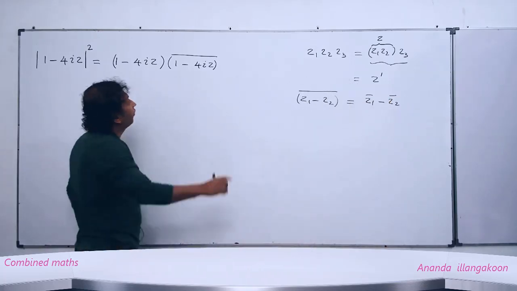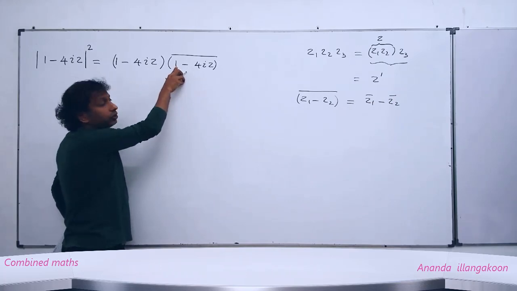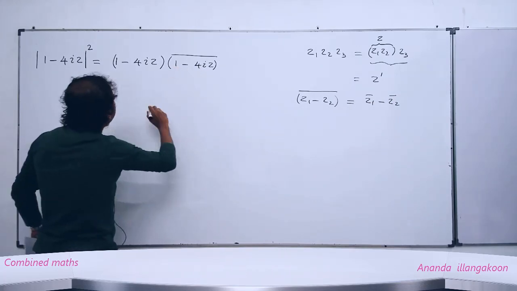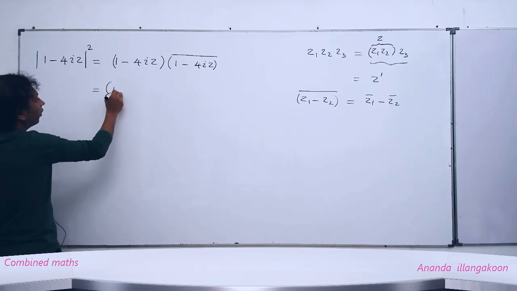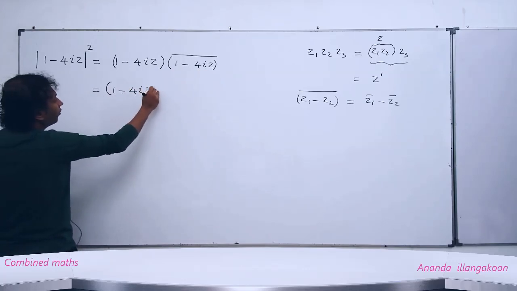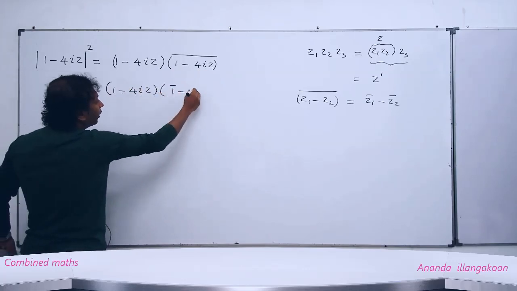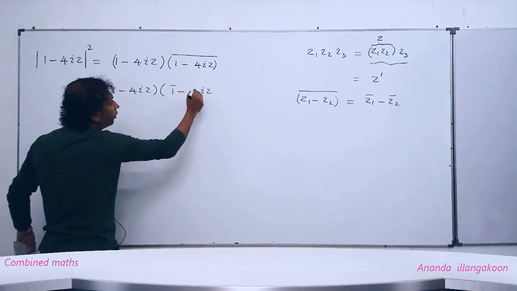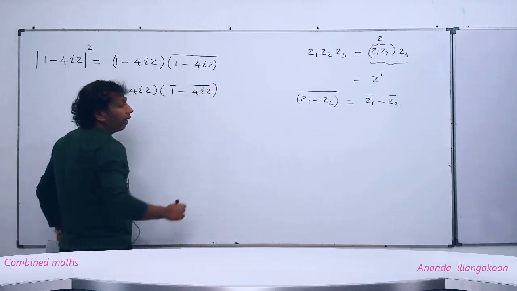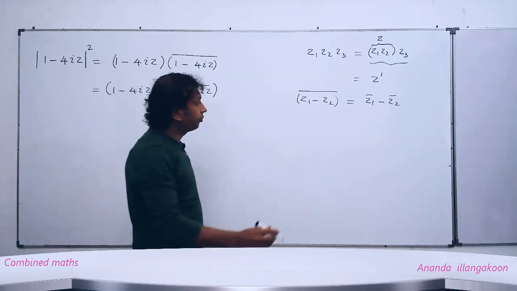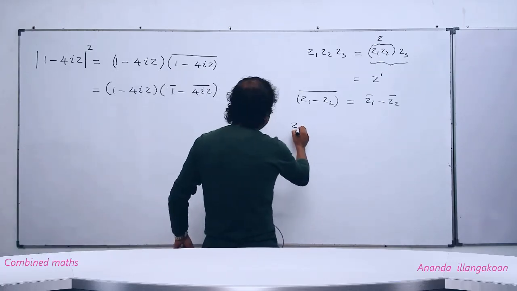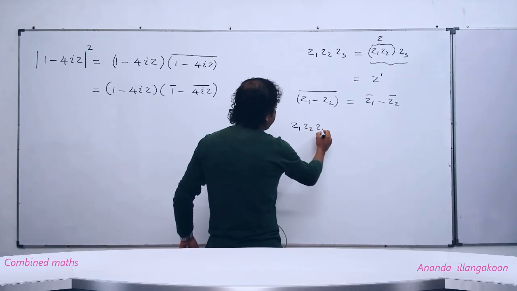Using that, we can apply the conjugate for this one and this both, right? The conjugate of 1 minus 4iz equals 1 bar minus 4iz bar. And people, you can remember, I'm going to take this way, Z1, Z2, Z3. I'm going to consider its conjugate.